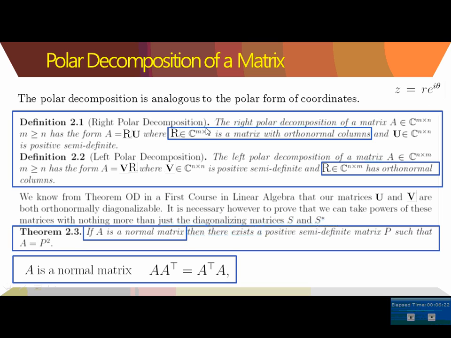For the right polar decomposition, matrix A can be written as a product of a unitary matrix or real orthogonal matrix times a positive semi-definite matrix R. So A can be written as RU, or the matrix A can be written as a product of a unitary matrix or real orthogonal matrix times the positive semi-definite matrix, like VR.